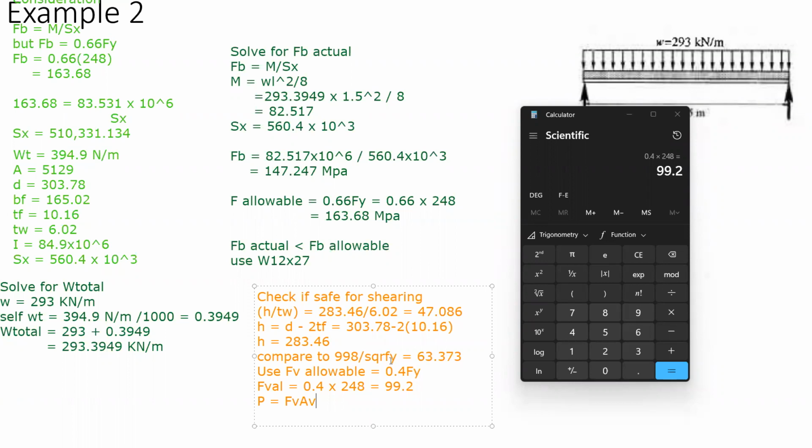The value of P is equal to WL all over 2. W is the total W plus self-weight. So that would be 293.3949 times L 1.5 divided by 2.